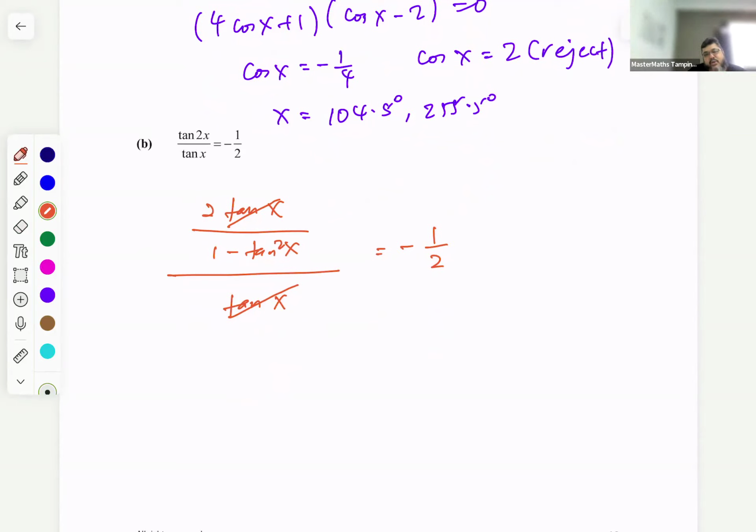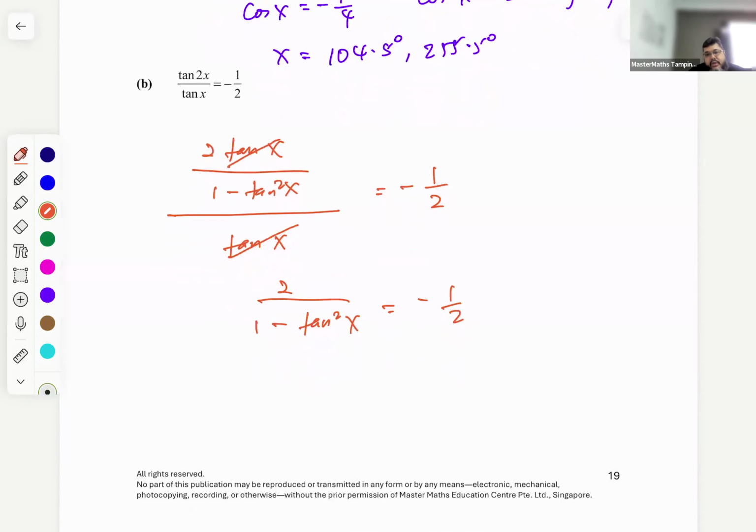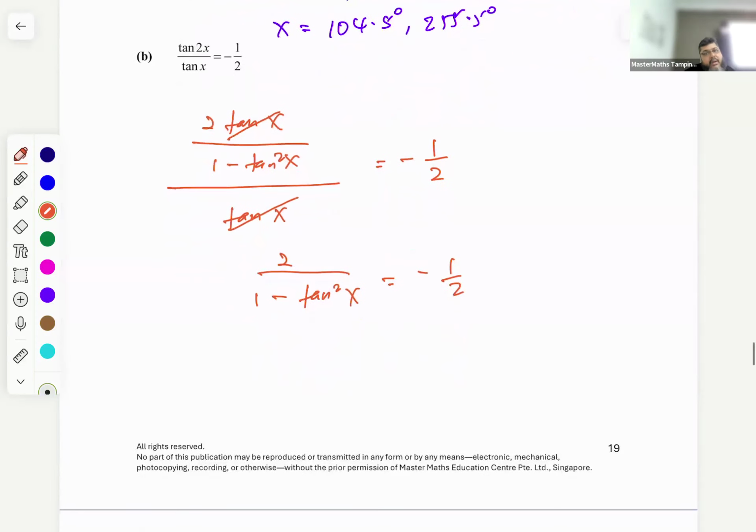So now what do you have? You have 2 over 1 minus tangent squared x is equal to negative half. Now solve for tangent squared x. You bring it over and cross multiply.